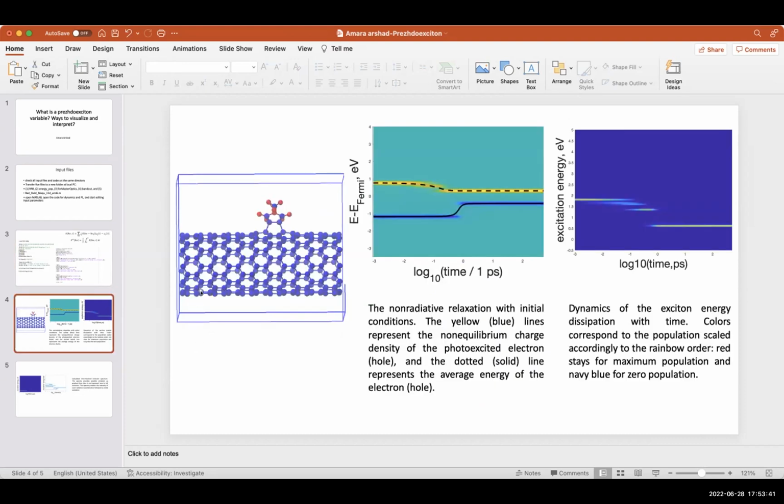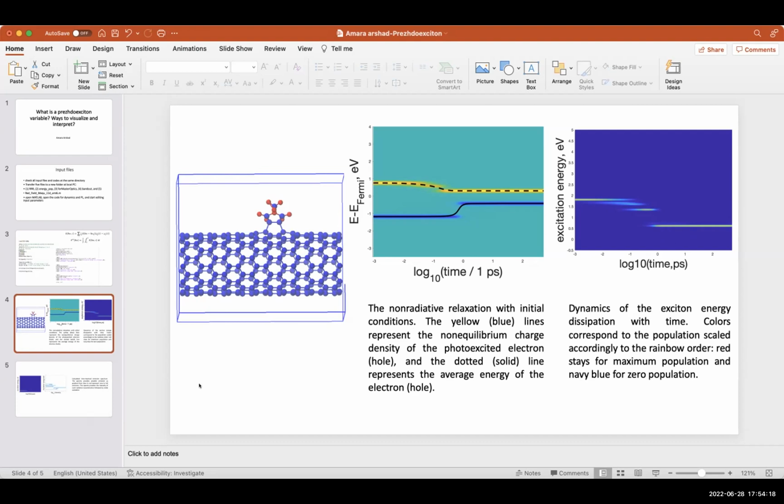So this is my model that I use for this calculation, that is the CNT with some defect, and that is the normal relaxation with initial condition, in which the yellow line represents the charge density of the photoexcited electron, and the dotted line represents the average energy of electron. And then this is the simple excitation energy, how it changed with the time scale.